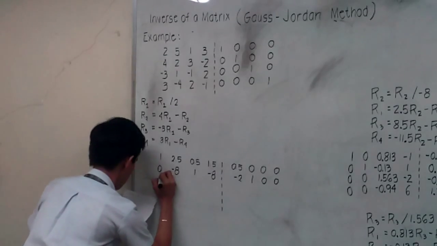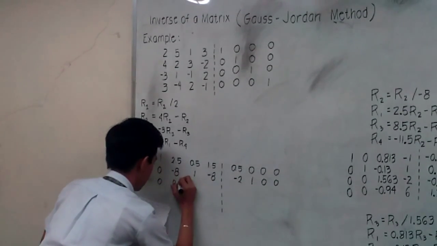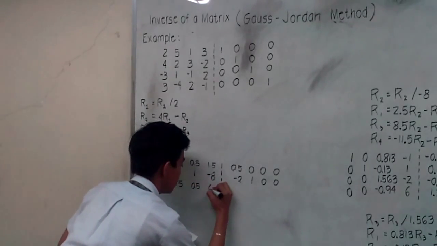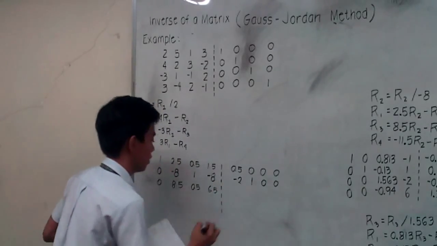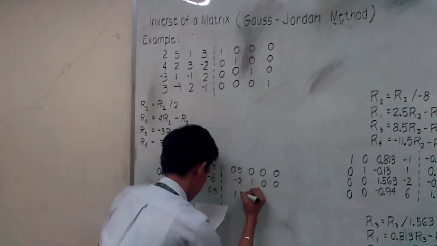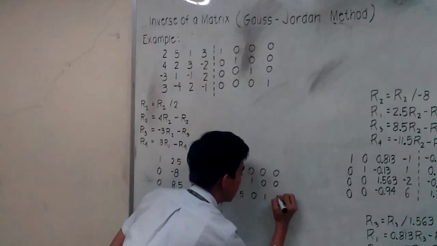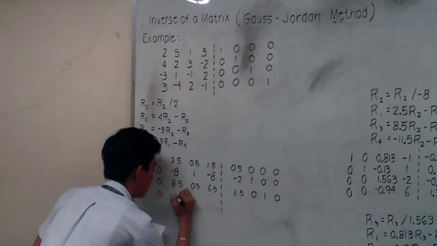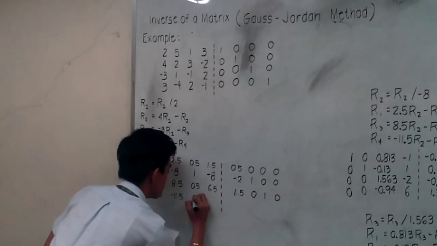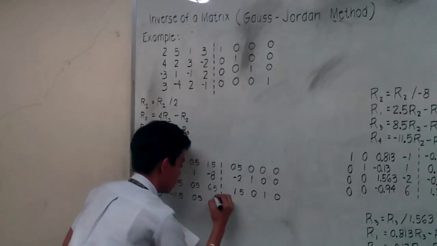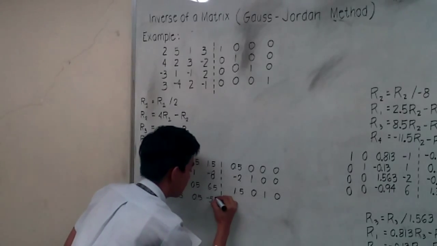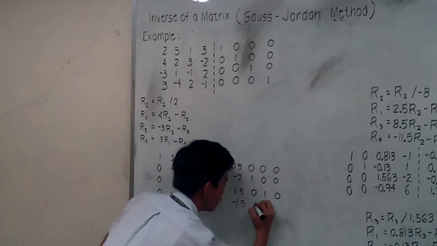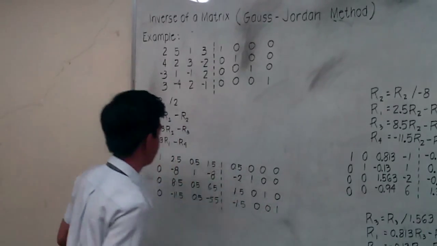So this will result in 0, 8.5, 0.5, 6.5, 1.5, 0, 1, 0, and 0, negative 11.5, 0.5, negative 5.5, negative 1.5, 0, 0, 1.